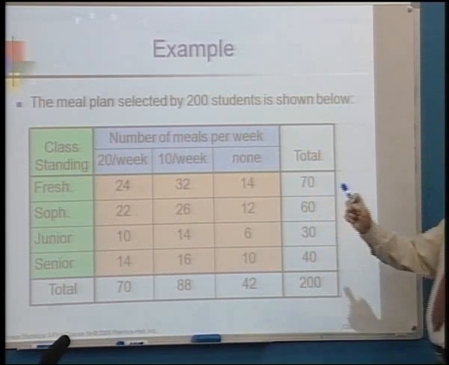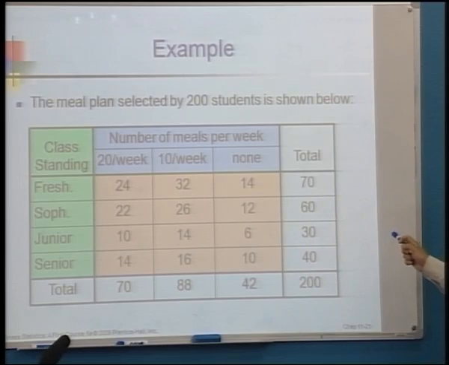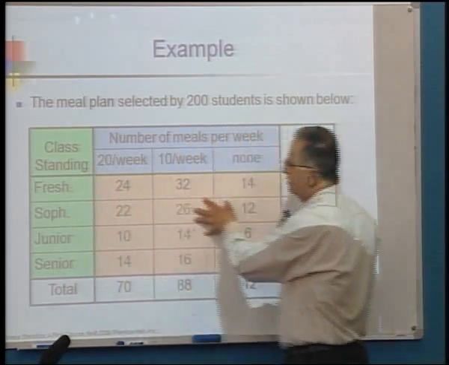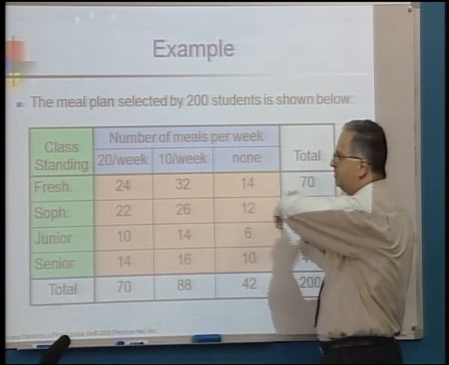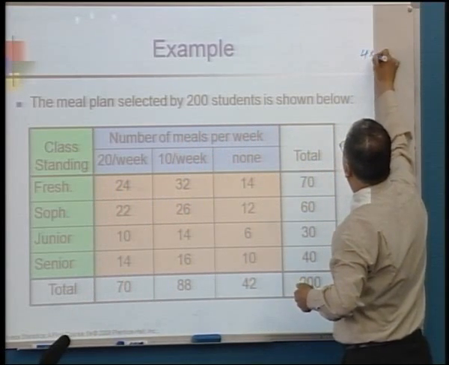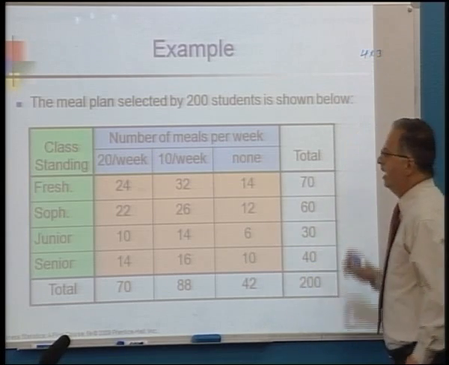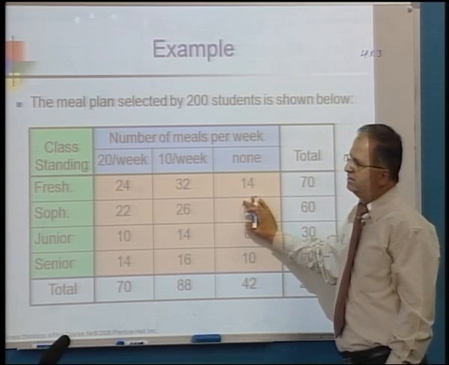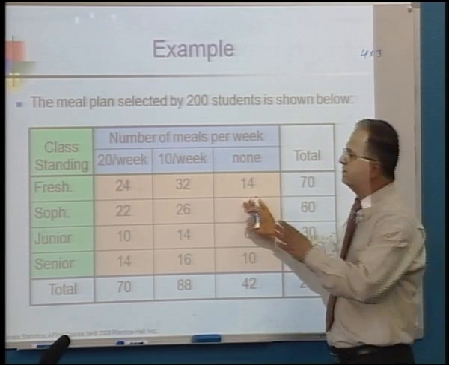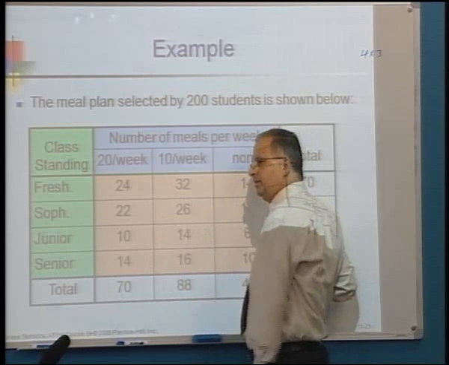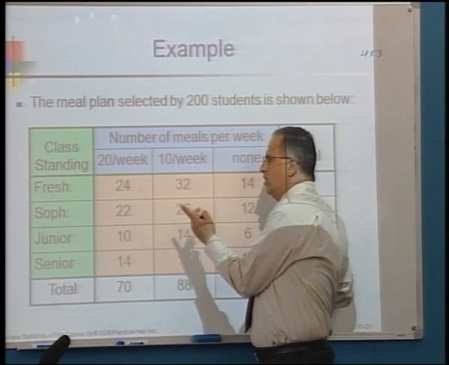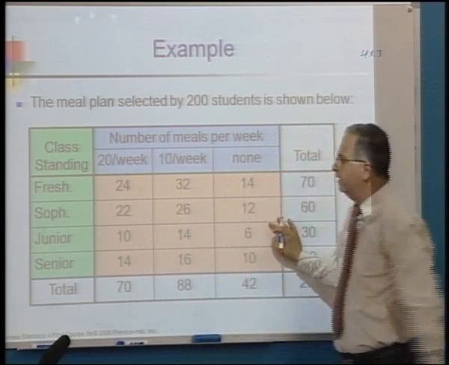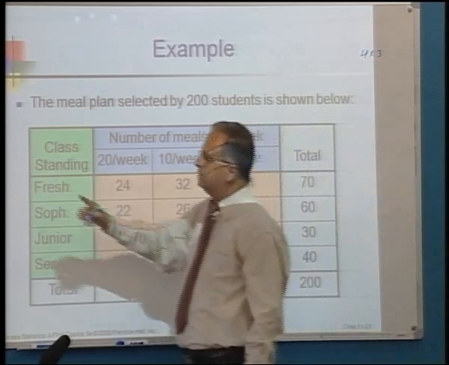In this case, there are 4 rows because class standing is classified into 4 groups, and 3 columns. So this table is actually 4 by 3, and there are 12 cells. Now it takes time to compute the expected frequencies, because we have to compute the expected frequency for each cell.